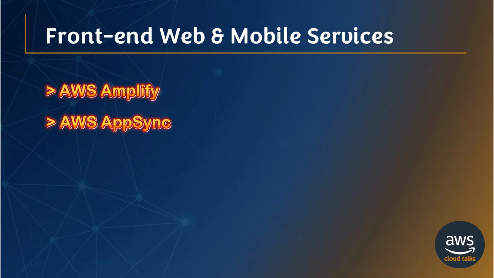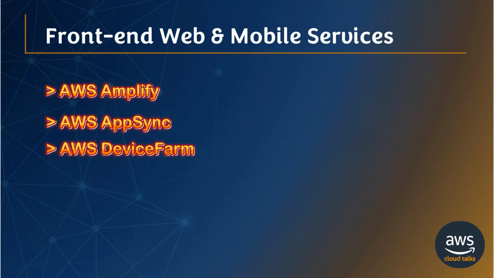AWS AppSync uses GraphQL. GraphQL is an API query language designed to build client applications by providing an intuitive and flexible syntax for describing their data requirements.